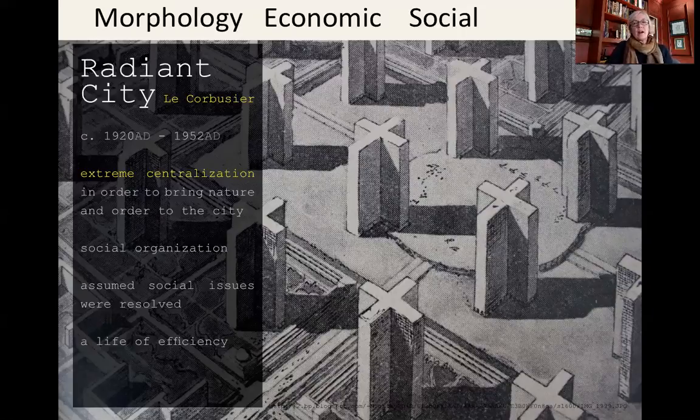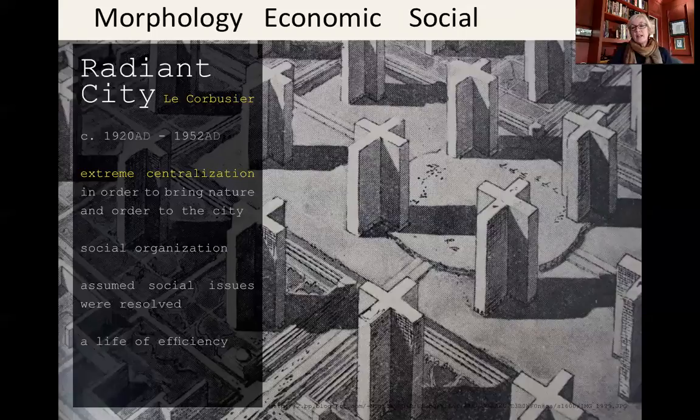Other types of morphologies, Le Corbusier very much looking at, and still this idea of urban form that's looking at the economic conditions, but also looking at social issues.